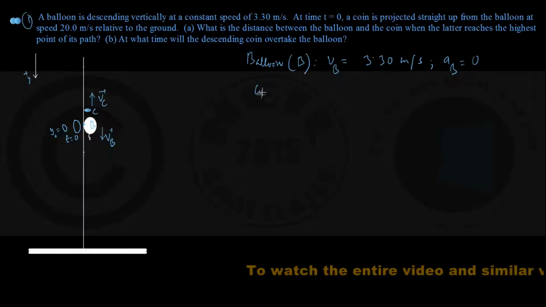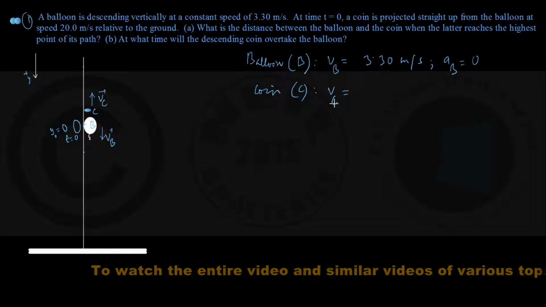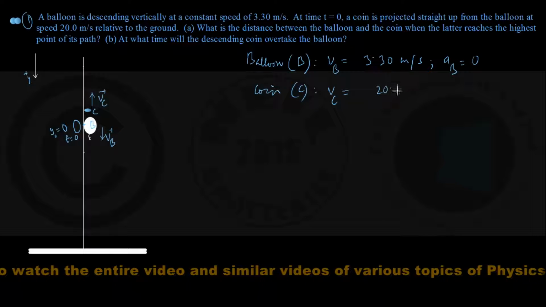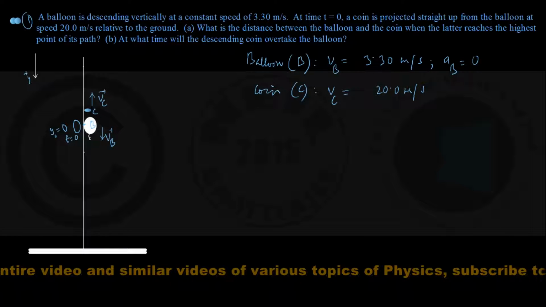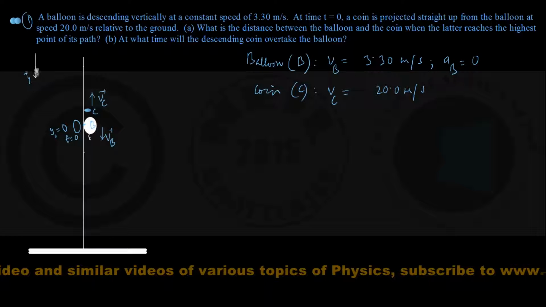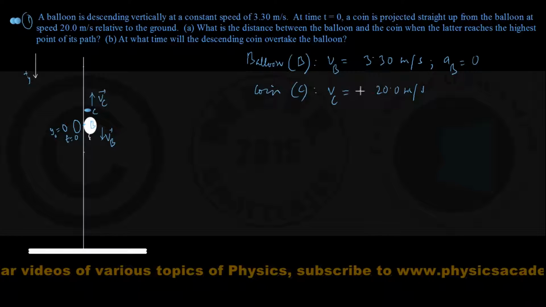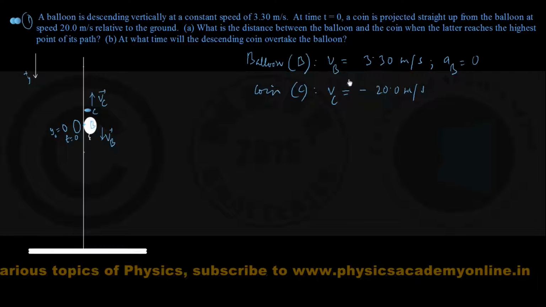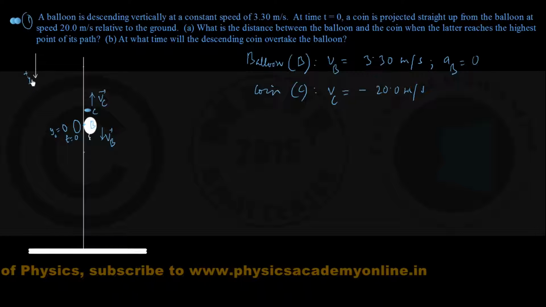For the coin, velocity at the time of projection is 20 meters per second upward, right? And we have chosen upward direction to be my negative direction, and therefore I shall take a minus sign before it. Remain careful about these different quantities and their symbols in agreement with my assumed positive direction.